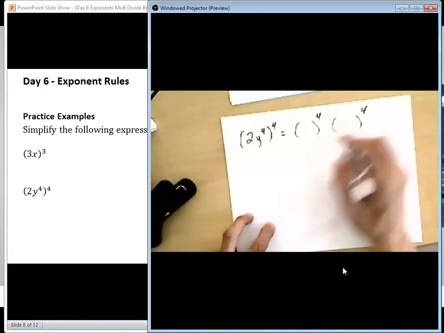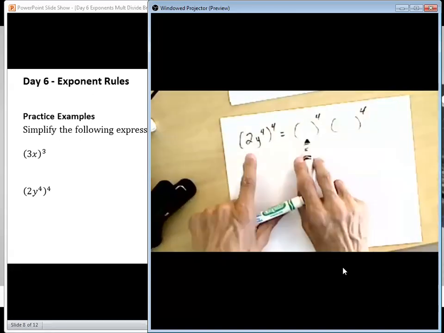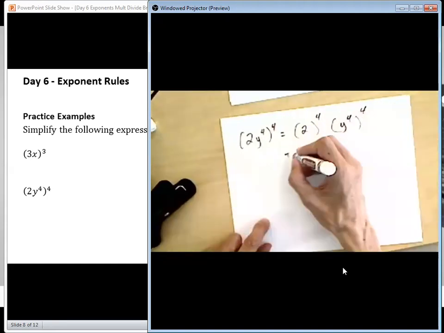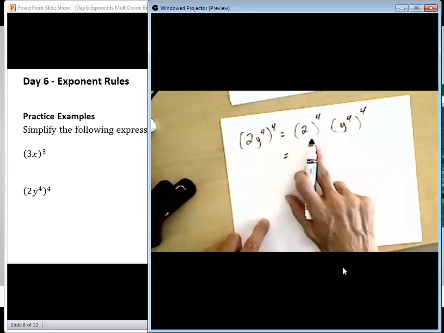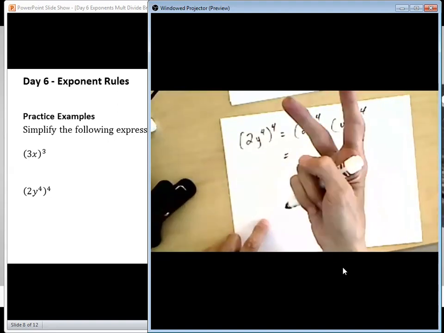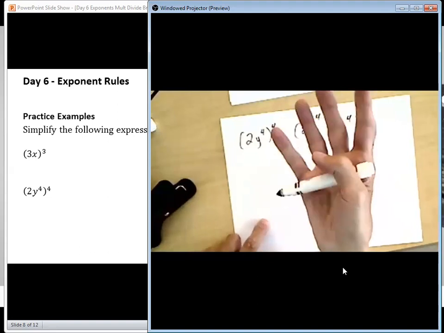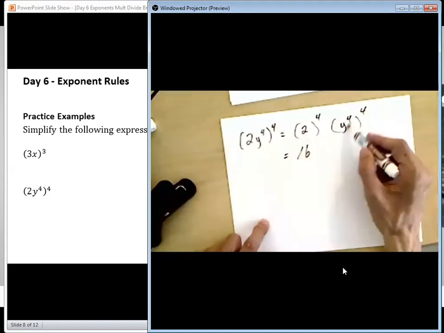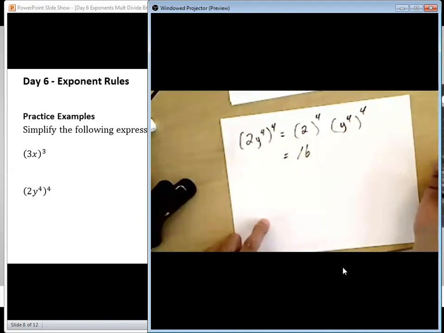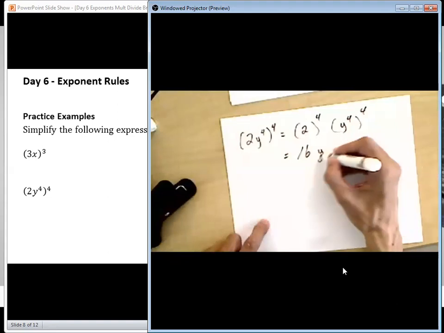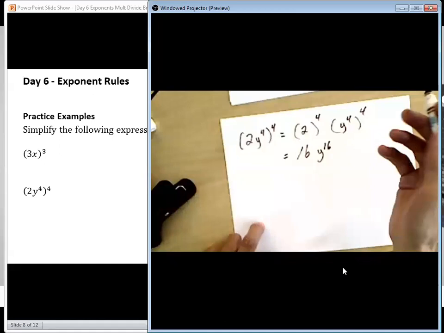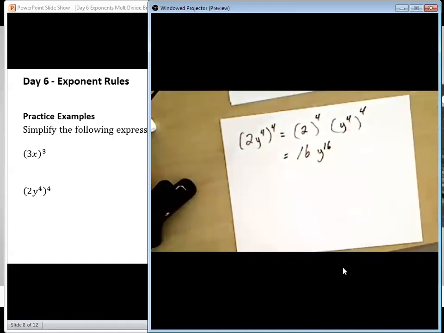One set of brackets for the 2, one for the y to the 4, not 8, all right? 2 times 2, 4, 2, 8, 2, 16. Yeah, exactly. What happens here? Yeah, 4 times 4, 16. It's true. Beauty. That is true.